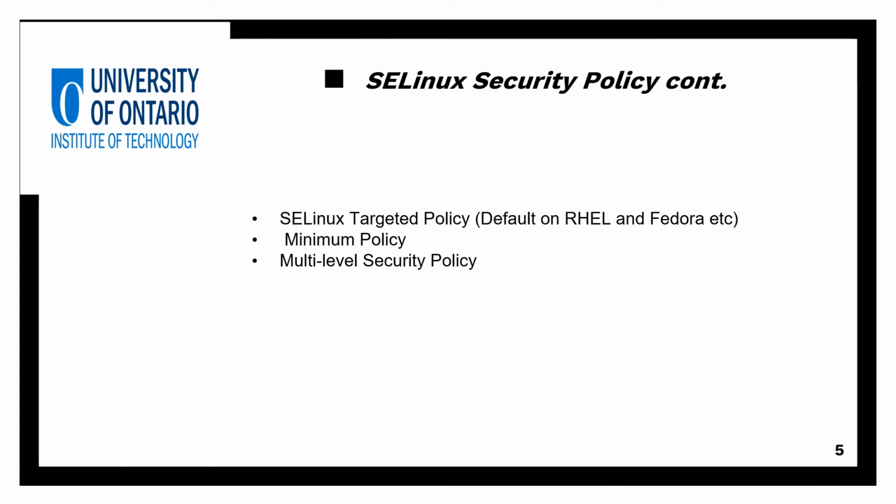Here the MLS focuses on confidentiality. Access to resources is allowed based on multiple classifications of information, and it also manages multiple users with varying levels of information clearance, just as we learned with the Bell-LaPadula model.